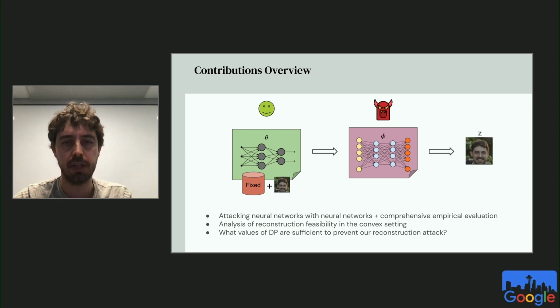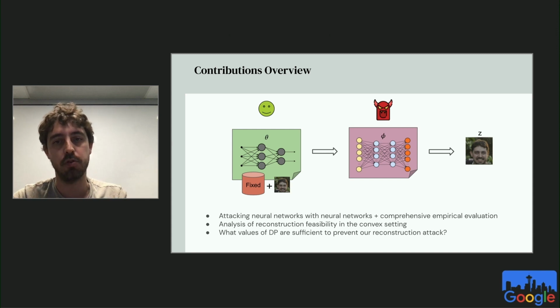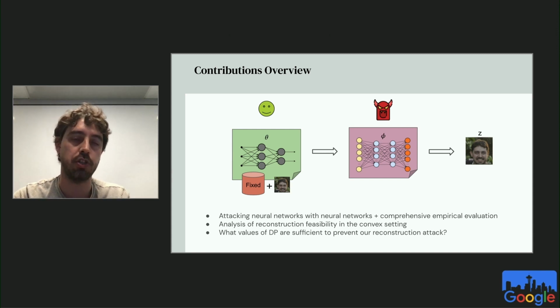But there are also a lot of settings in which it's reasonable to assume that you have the initialization, like either the code that the adversary used or the model developer used comes with a fixed random seed, or actually the model that is being released is a fine-tuned version of a public model. And for the randomness in subsampling, we show that knowing the seed helps, but if the batch size is large enough, you can also do pretty good reconstructions even without knowing the seed on that front.